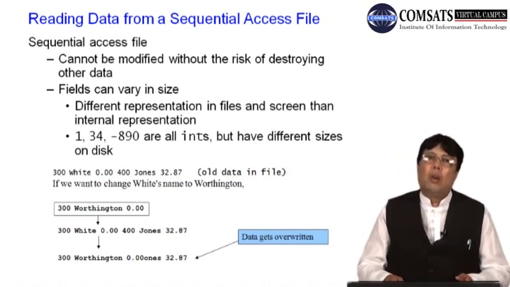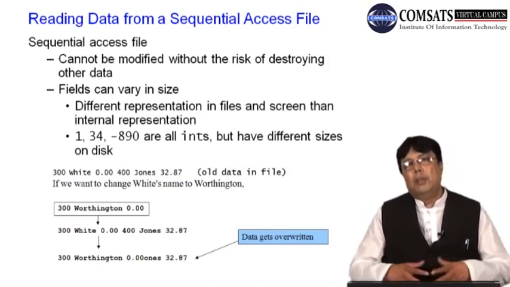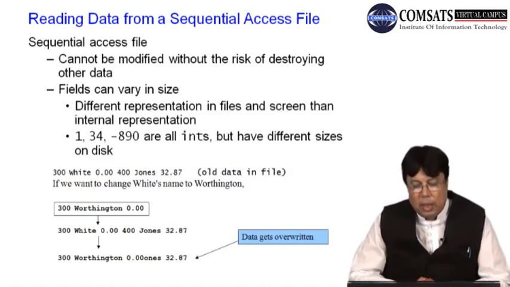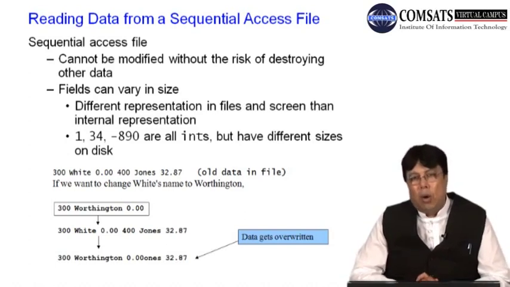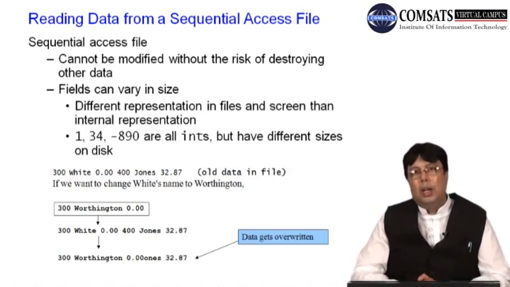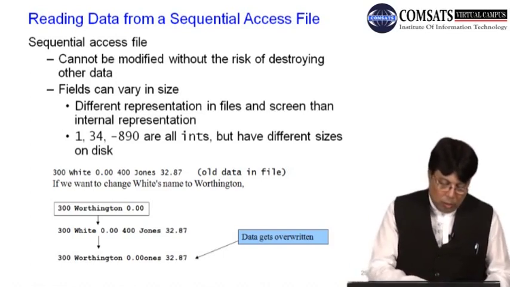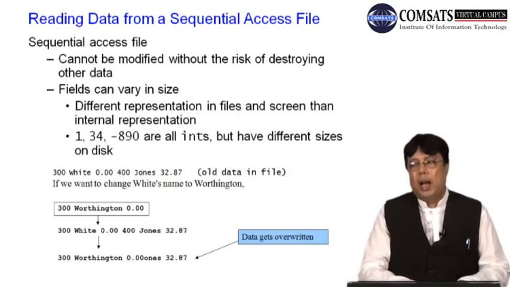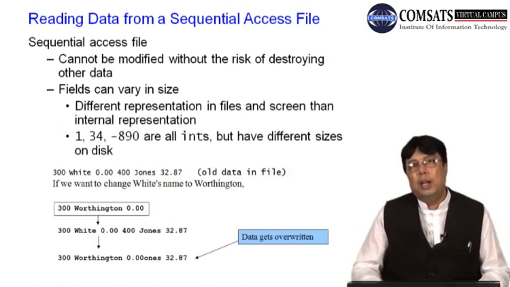Whatever account data you maintain for one particular client will be lost and destroyed. That is the reason that we cannot update, or we should not update, any record in a sequential file, because in a sequential file you do not have the concept of a record or any structure, you just have a stream of bytes.